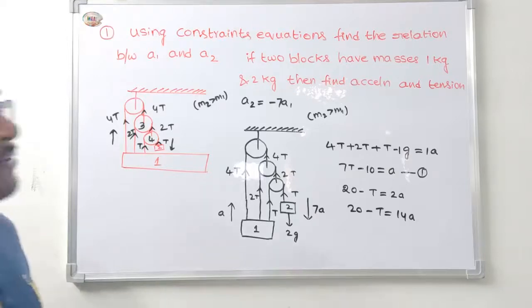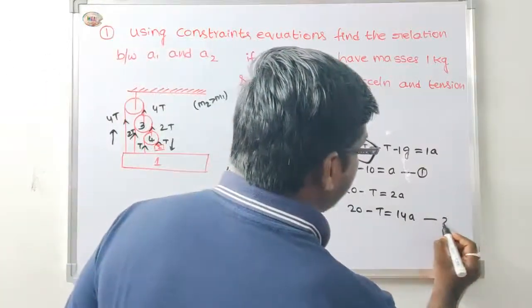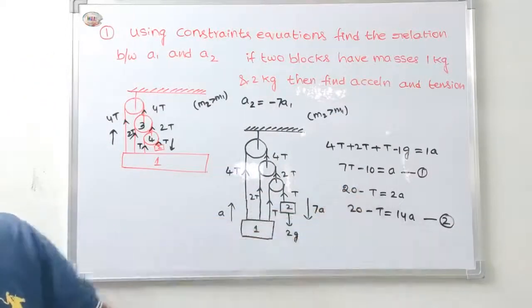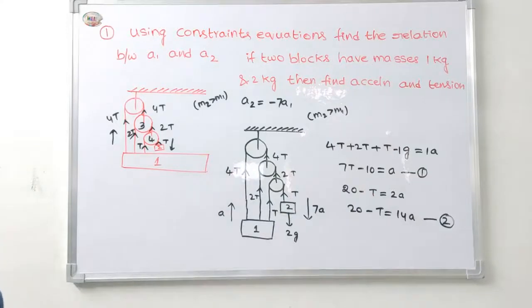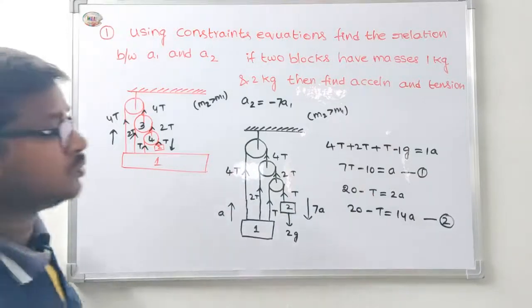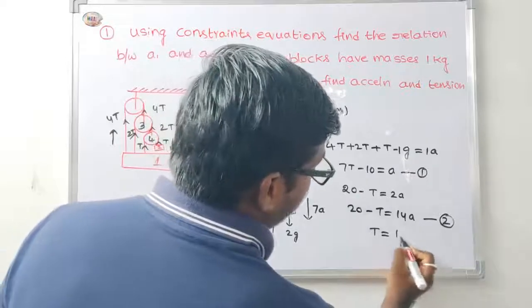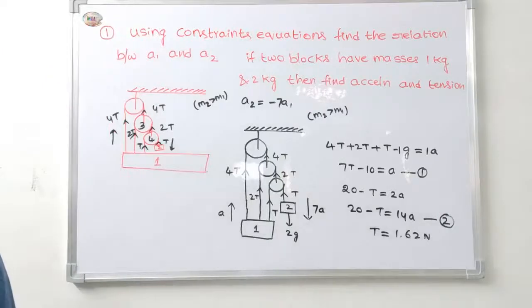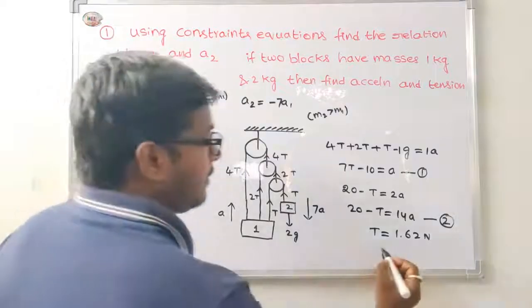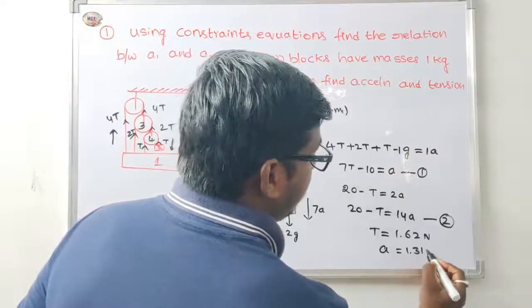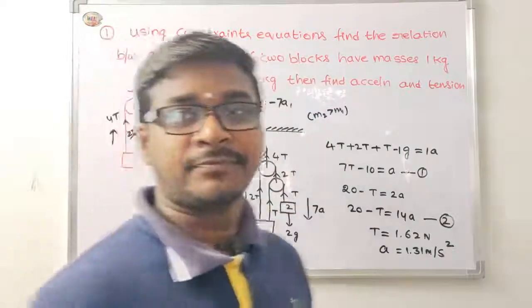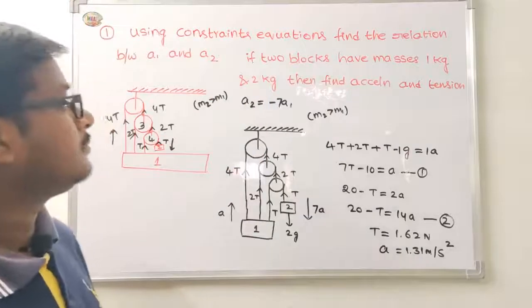This is equation number 2. Simplifying these two equations, T is equal to 1.62 Newton and acceleration a is equal to 1.31 meter per second squared. This is a very simple problem.